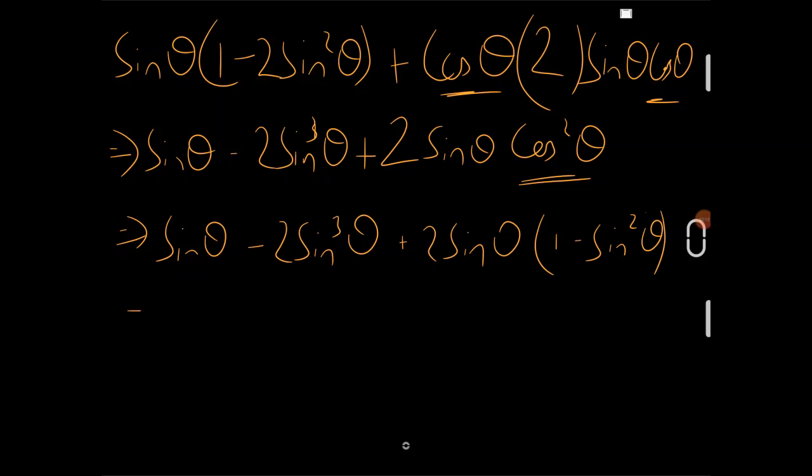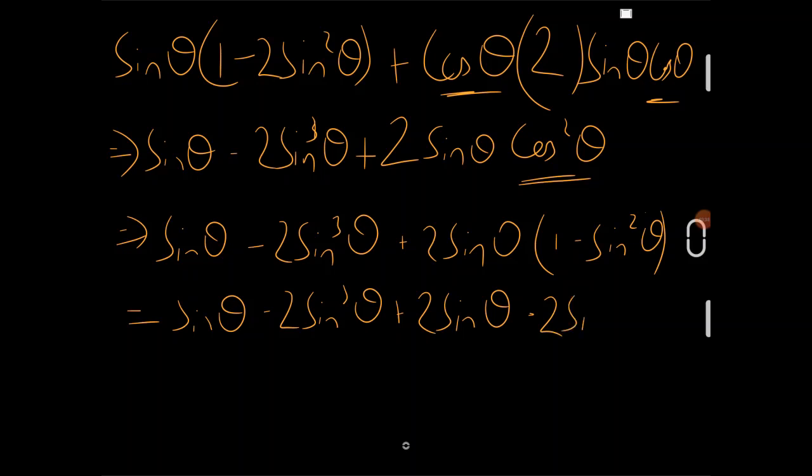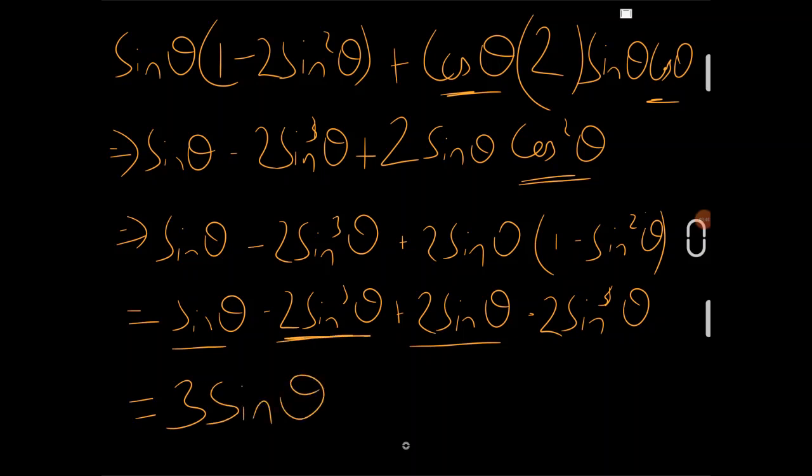So this is equal to sine theta minus 2 sine cube theta plus, I'll open this one, that will be 2 sine theta minus 2 sine cube theta. Now let me bring everything together. Sine theta plus 2 sine theta will be 3 sine theta, minus 2 sine cube theta minus 2 sine cube theta, that will be minus 4 sine cube theta.